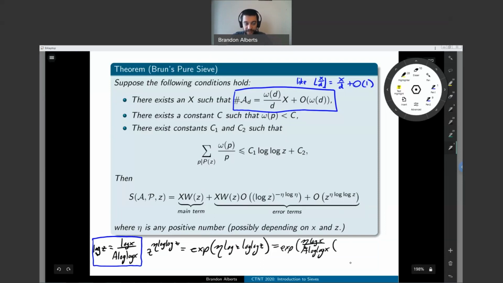Well, log of log z, we get a log rule. The numerator gives us log x. The denominator is minus log a minus 3 logs of x. All right. So let's do some cancellation. The log x here, we can cancel that with the exponent.